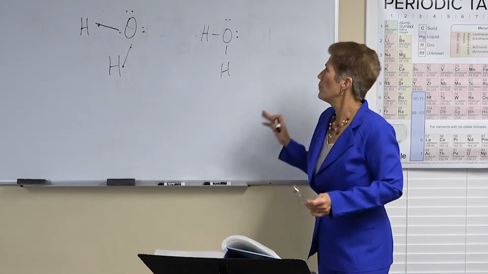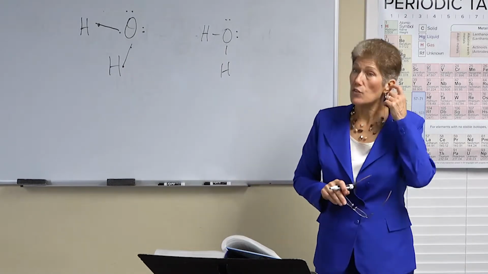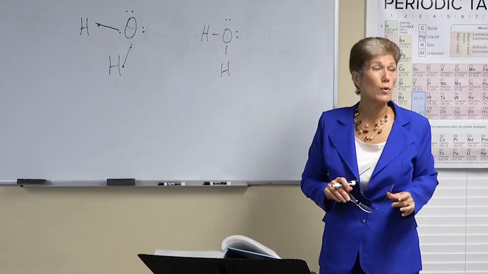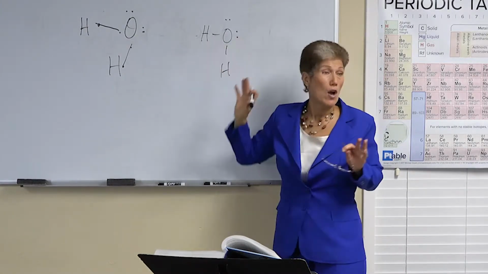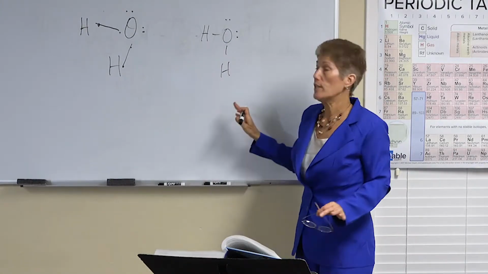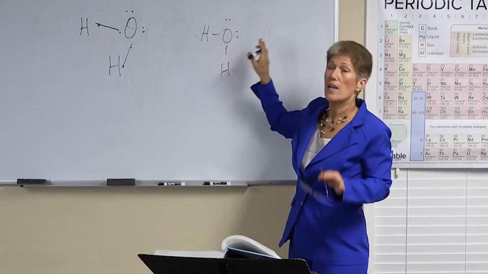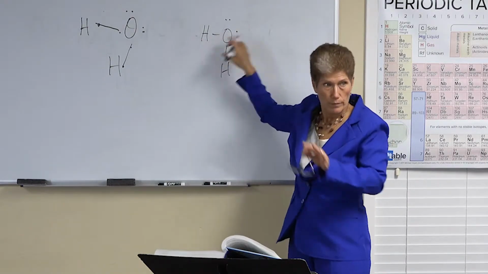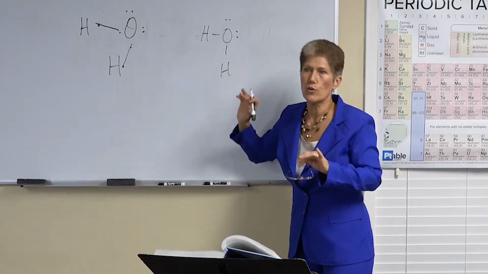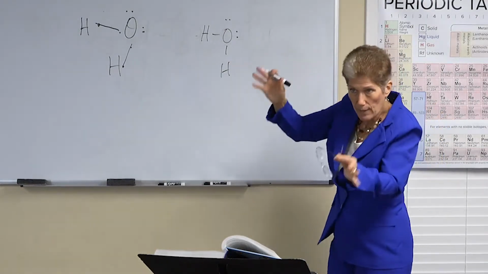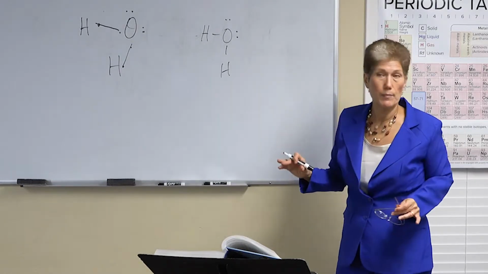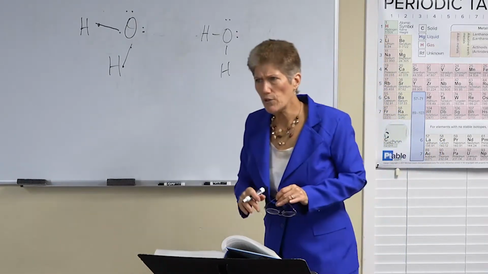But for right now, you could have written it any of those other ways, and the Lewis structure would have counted as correct, because what you'd have had was 1 bond for each of the hydrogens, 1, 2, 3, 4. You've got 4 pairs around the oxygen, and you have 2 pairs that are unshared, right? Later you're going to learn why those pairs of unshared electrons bend the molecule, and that's why it's a bent molecule.